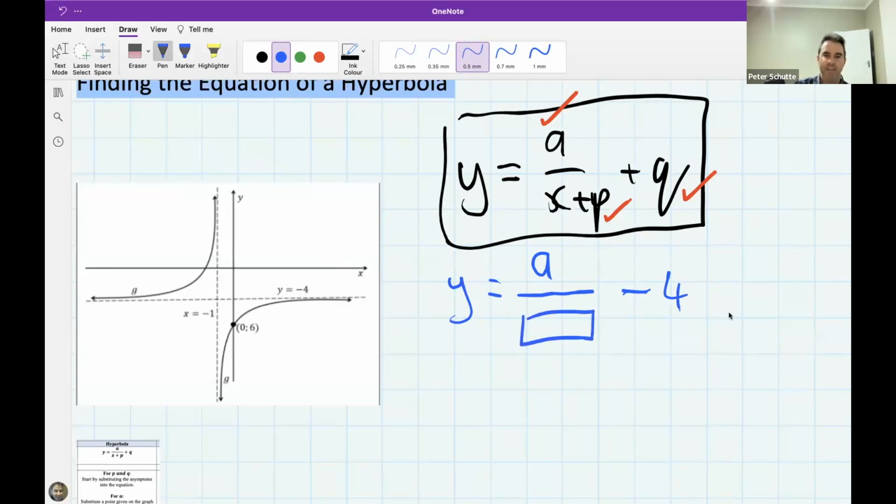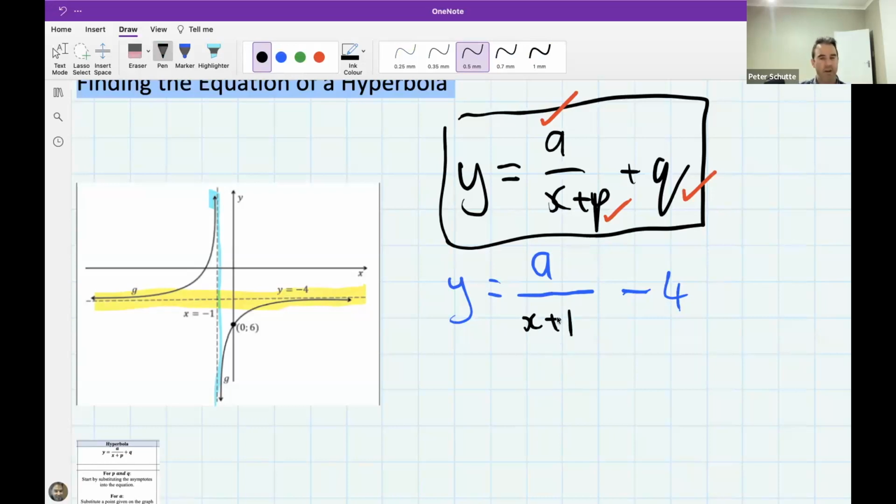It feels like you just used that one to help you, and now you have to use this one to help you. So if the vertical asymptote is going to be x equals -1, this has to be x plus 1.